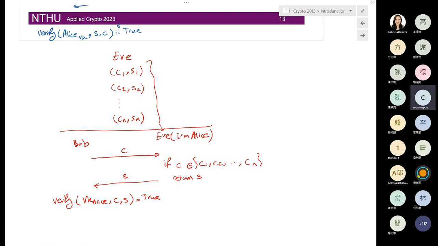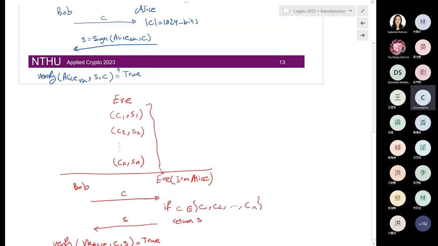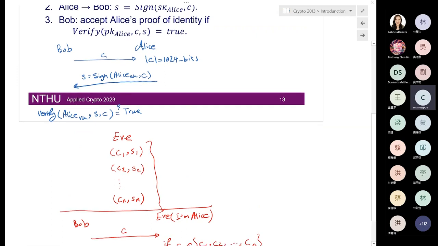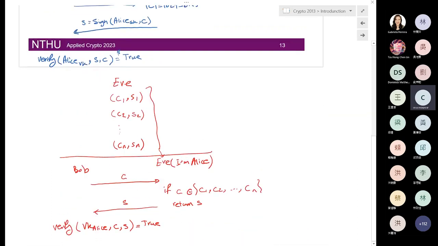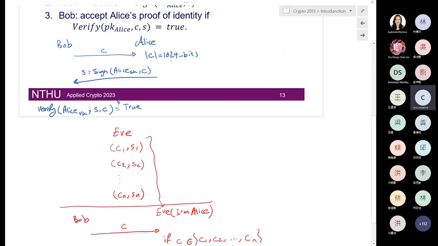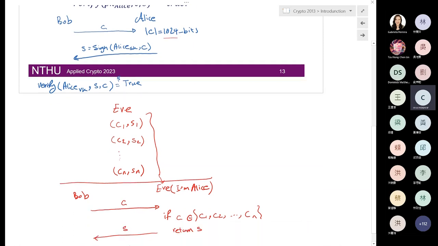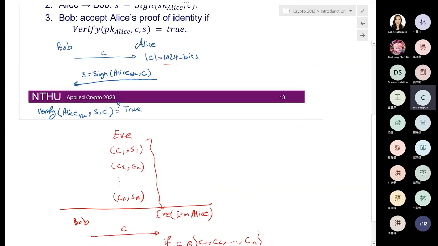Yeah, that's correct. So in reality, when we use, for example, the RSA signature scheme, the recommendation these days is to use 4,000 bits at least, but let's just say we use 1,024 bits. So when you have 1,024 bits, the challenge C can be a value from 0 all the way to 2 to the power 1,024.